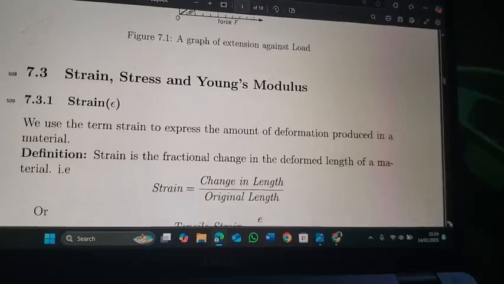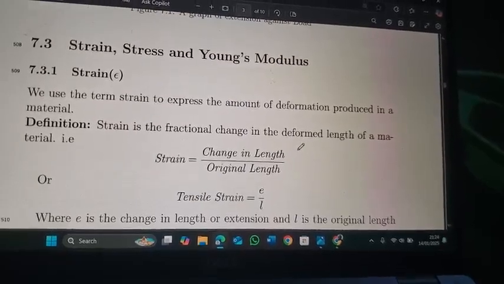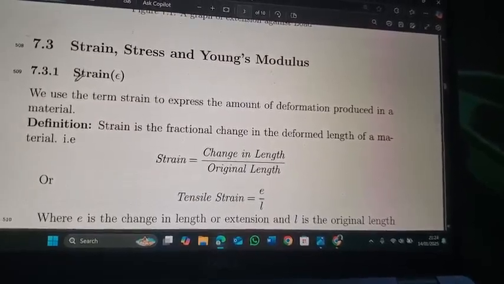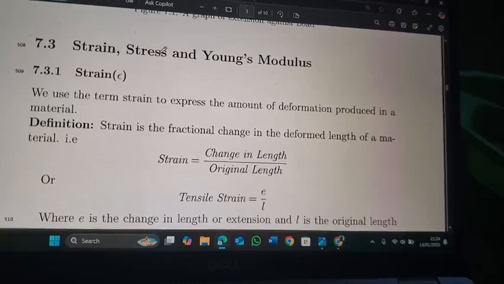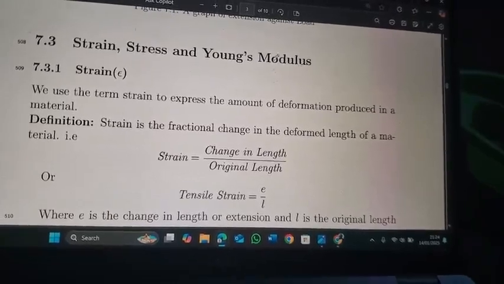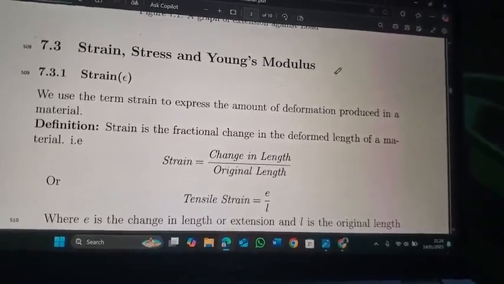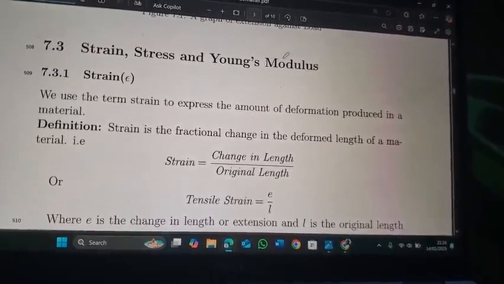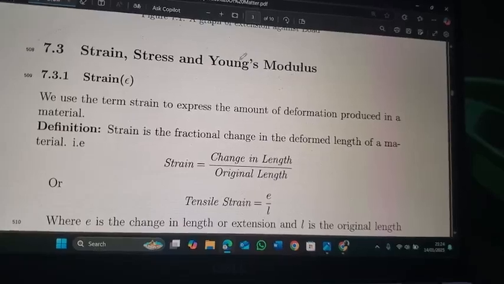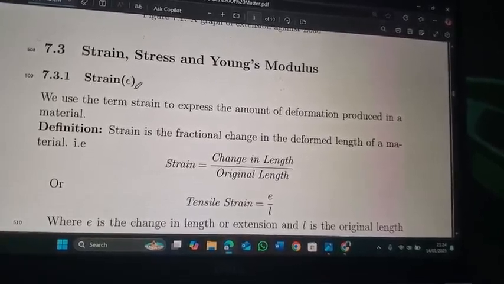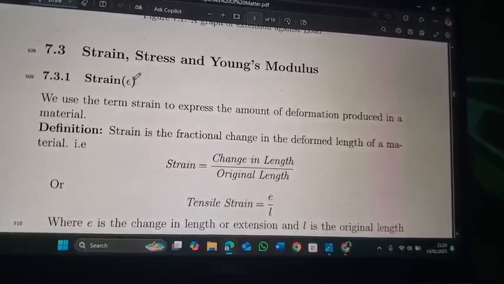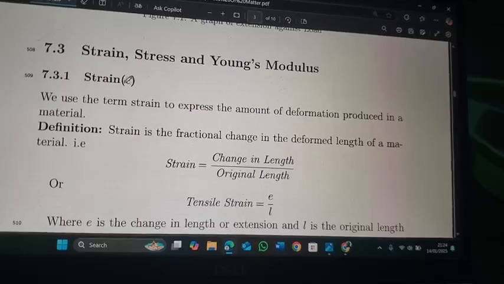Now there are some other quantities that help us to describe a material, and some of these quantities are here. We have strain, stress, and Young's modulus. These quantities will help us to analyze well the mechanical properties of a material. We shall begin with the strain, which is represented by this small letter eta. This letter is called eta.